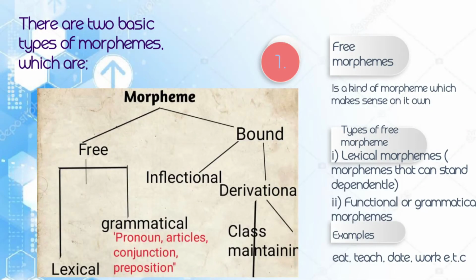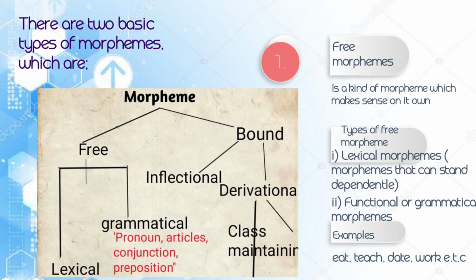Basically, there are 2 types of morphemes, namely the free morphemes and the bound morphemes. Under the free morphemes, we have 2 subdivisions: the lexical and the grammatical, or the functional. Under the grammatical or the functional, we have the pronouns, the articles, the conjunctions, and the prepositions.